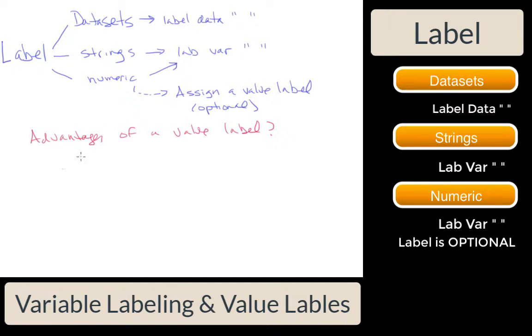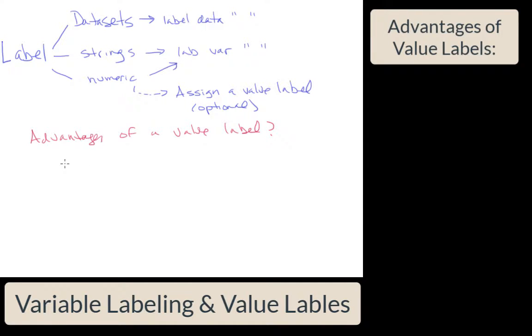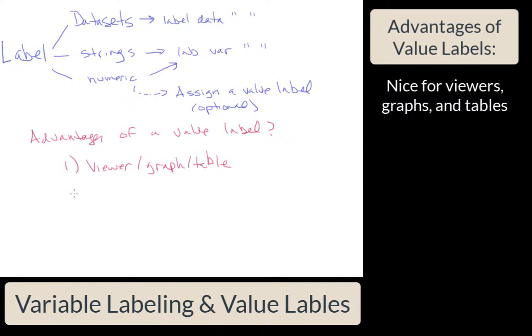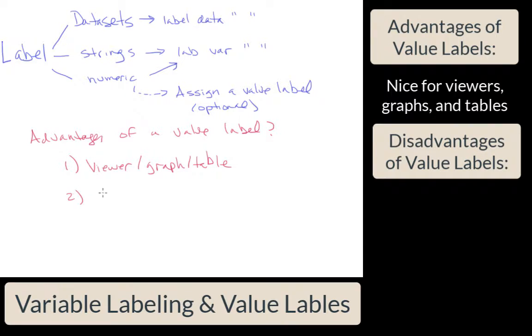Well, there's some advantages and there's some disadvantages. The advantage is that it's friendly when you look at the variable results in a viewer or a graph or a table. The disadvantages, maybe, are that there's extra steps involved.